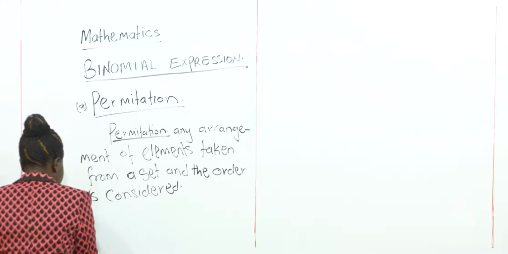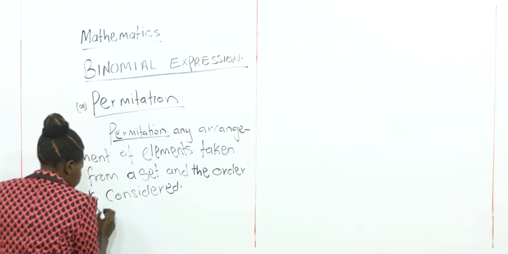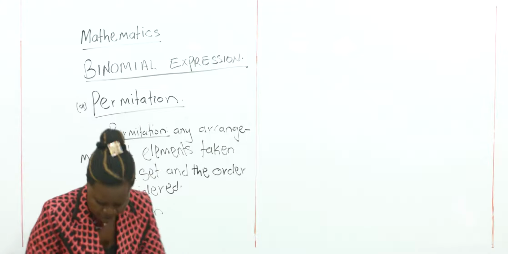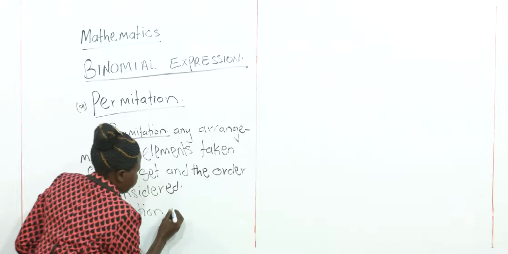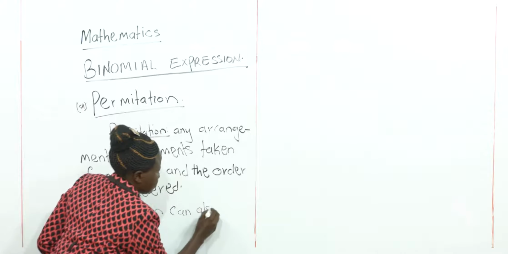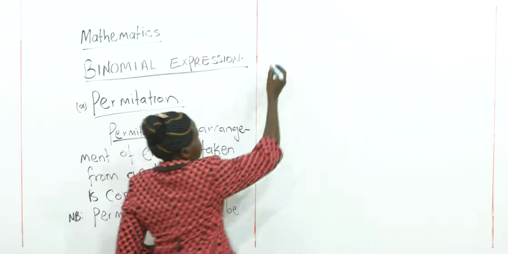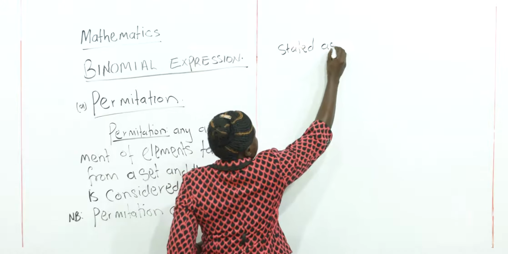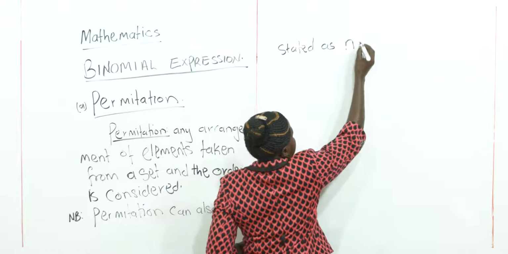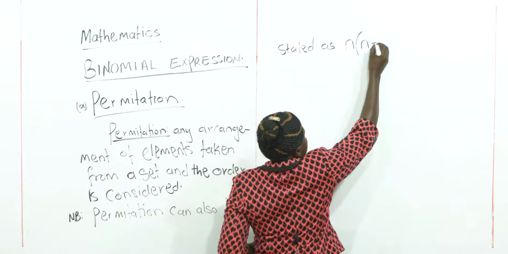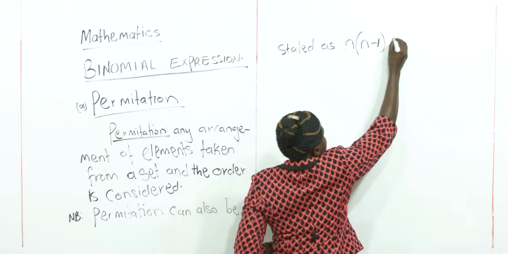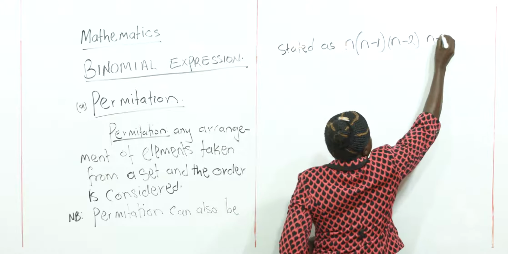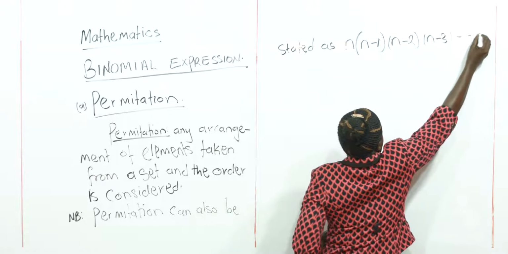So you take here NB: permutation can also be stated as, look here, learners, we have n, and then you open bracket, we have n minus 1, and then we have n minus 2, and then we have n minus 3, and so on and so forth.